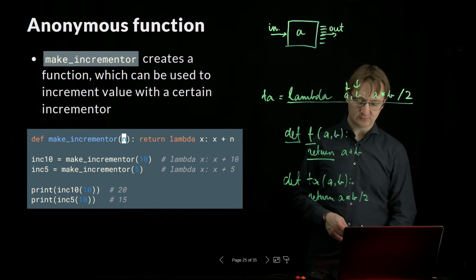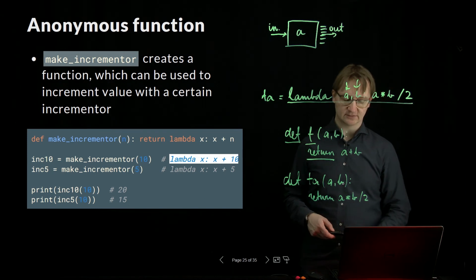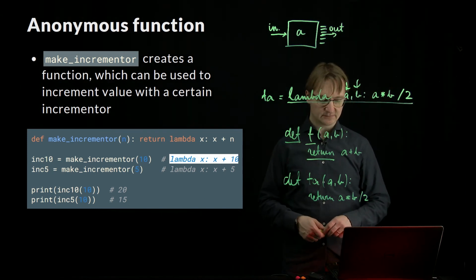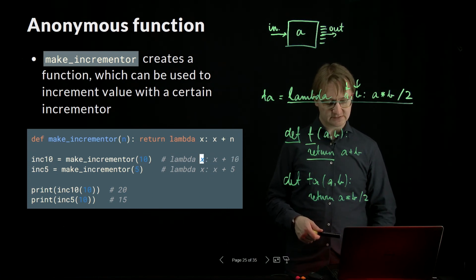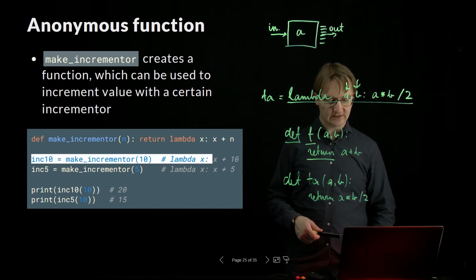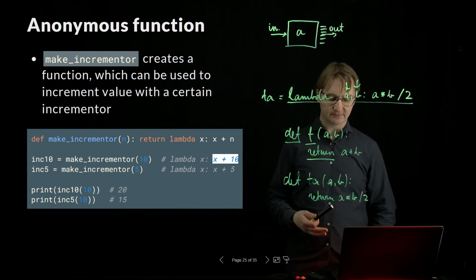So basically what I do is I call make incrementer with value 10. Now what happens is that it actually returns us something like that. So it returns us a function, a lambda function, where we have one parameter, and it returns the value where I add 10. That's the idea of incrementer 10.